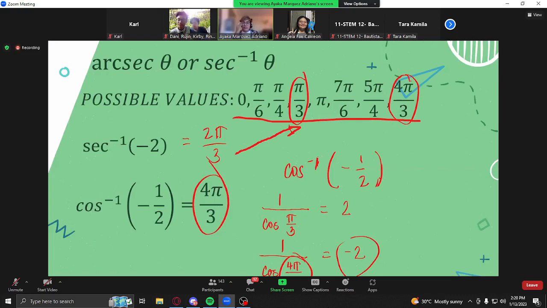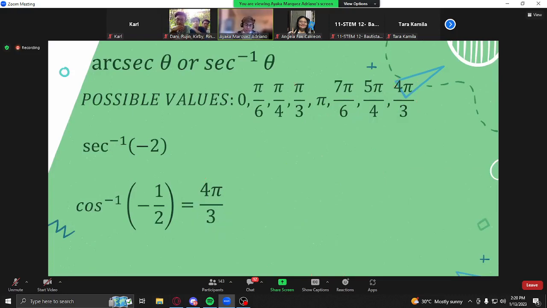This might sound confusing, no? But you have to really consider all the possible range of values for each inverse trigonometric function. Did you get it? Okay. What about this one? What is arc secant negative 1?